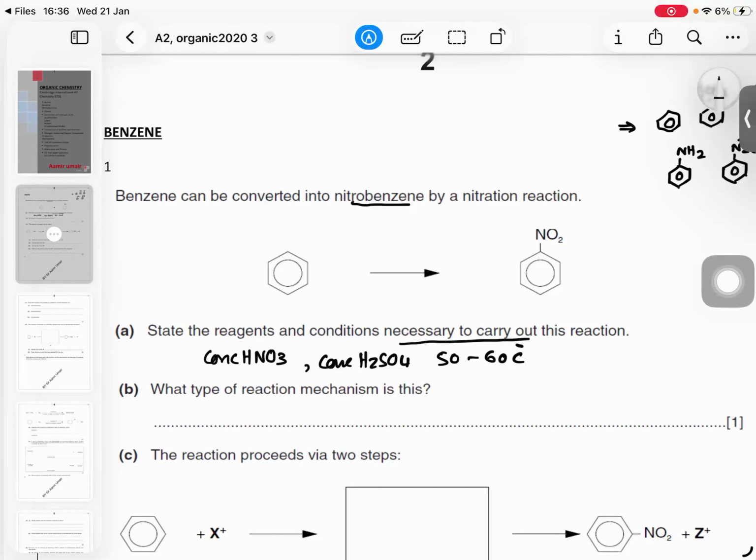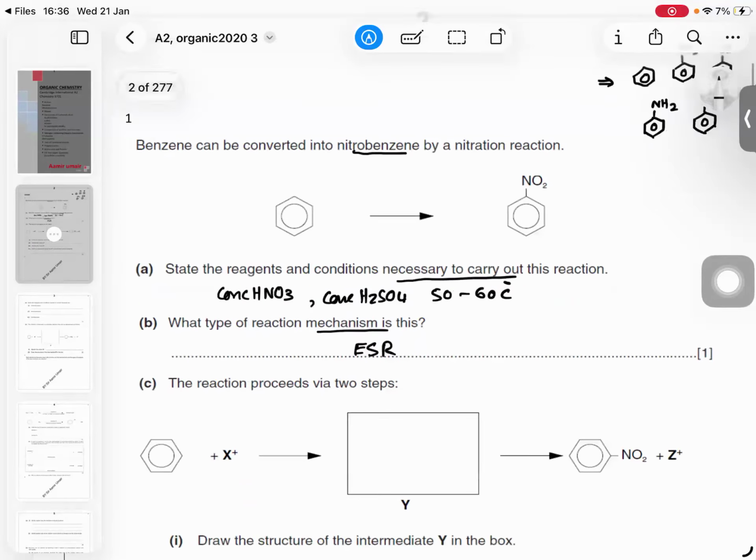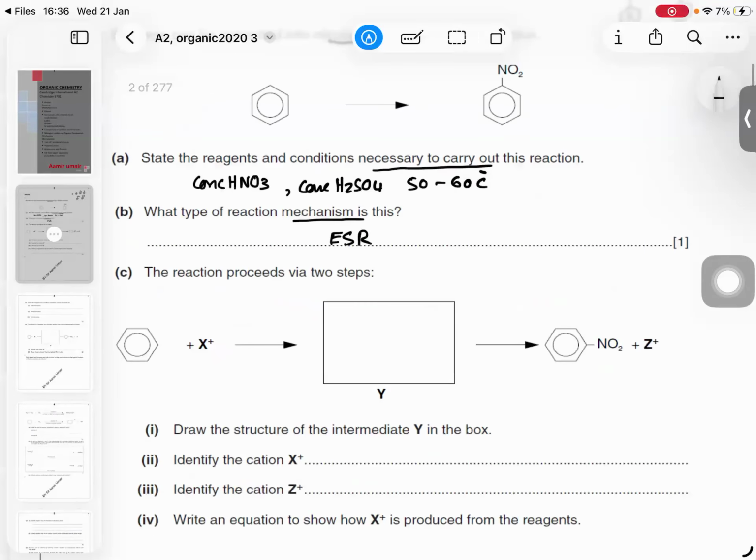What type of reaction is this? This is an ESR, an electrophilic substitution reaction, where one of the hydrogens of the benzene is replaced by nitro, NO2.